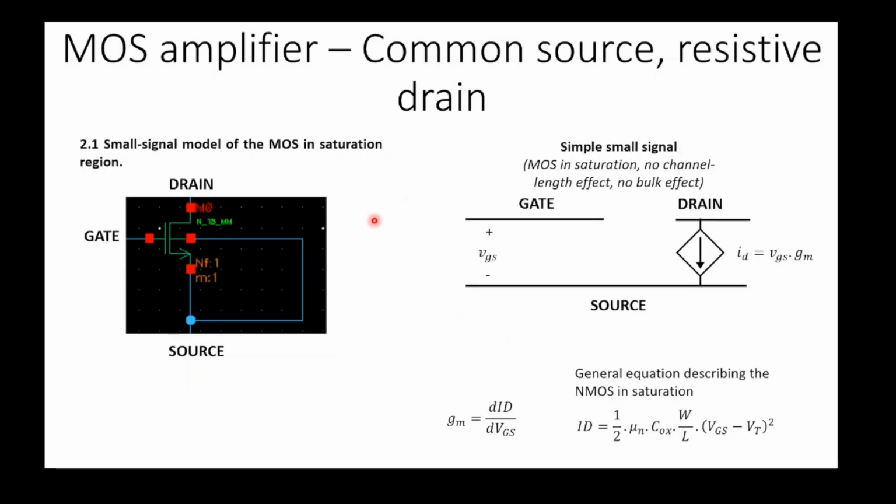For the small signal model of the MOS in the saturation region, I cut out the symbol of the NMOS here. Of course, here we can see that there's the bulk connected to the source, but in our small signal analysis we can neglect it. We only care about the drain, the gate, and the source. So this is the symbol that we have for the MOS.